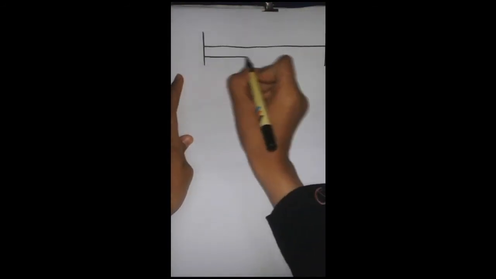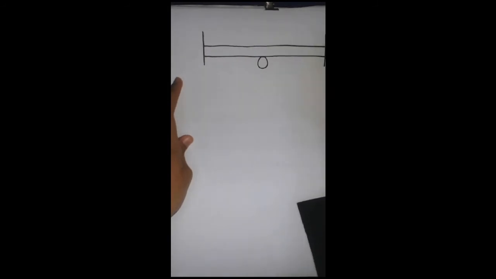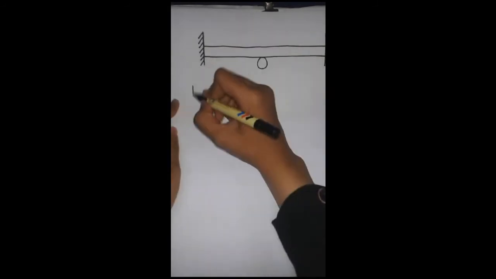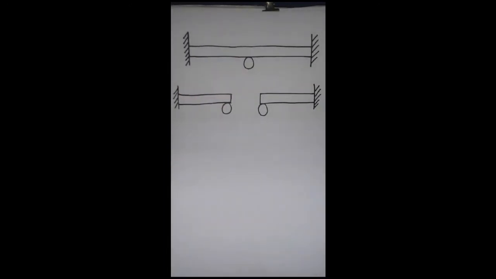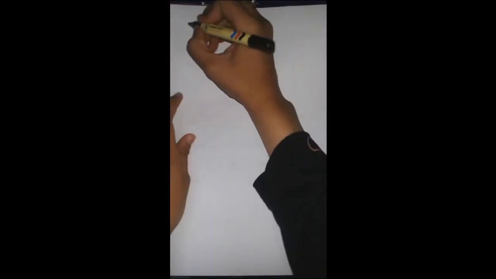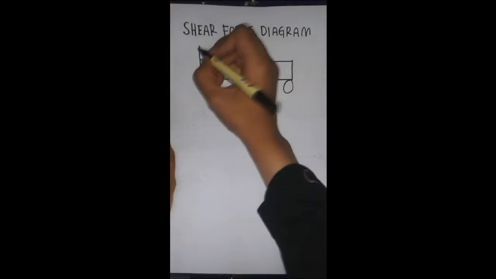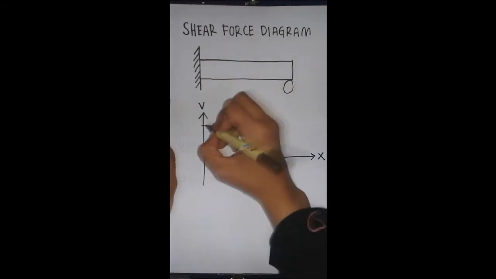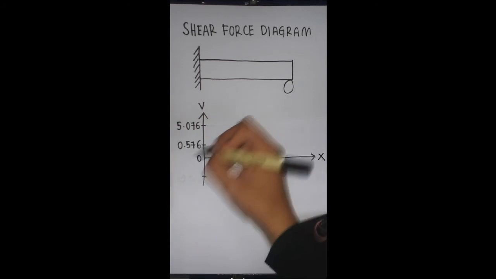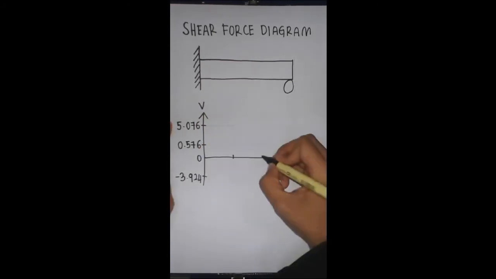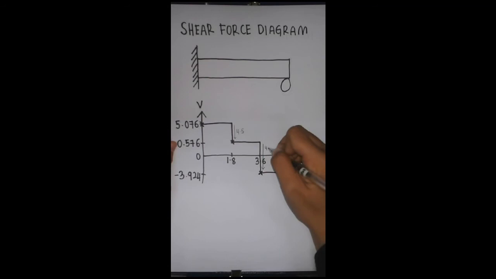Lastly, we are drawing the shear force diagram. As you can see in the figure, the shear force from A to B is carried out, and the drawing is like the figure shown.